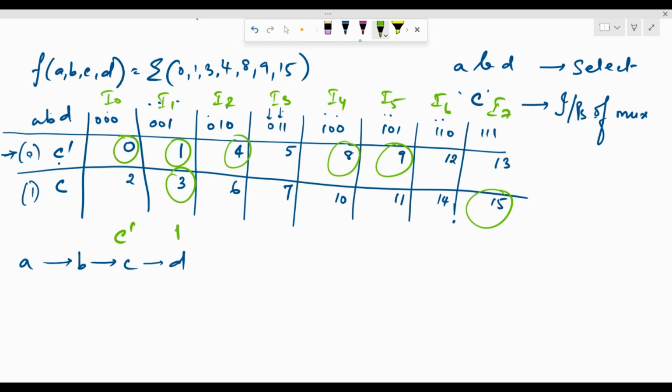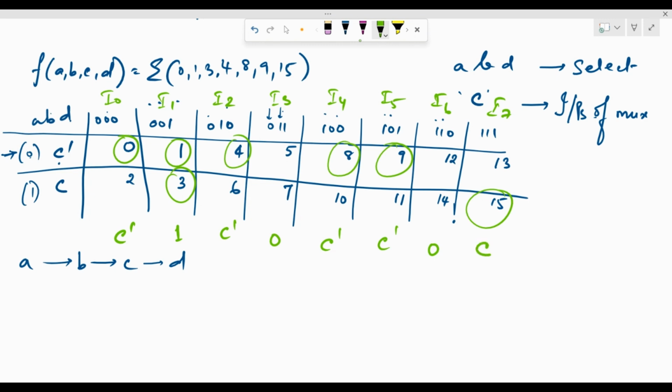I1 is 1 because both the numbers are circled. I2 is again C dash. I3 is 0 because none of them are circled. I4 and I5 are both C dash. I6 is 0. I7 is C.